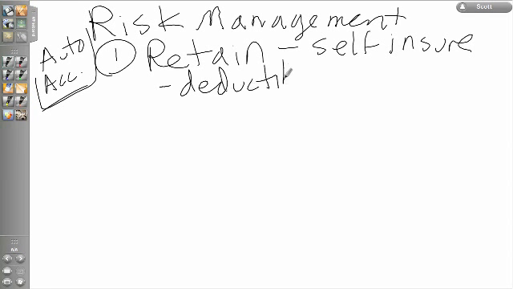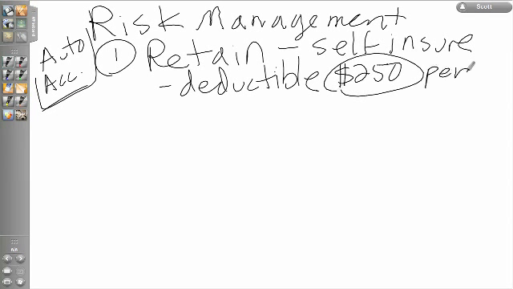Most property insurance policies have deductibles. Let's say the deductible is $250. It's usually a per occurrence deductible, or you can think per claim. That $250 is something you have to pay even if you buy insurance.